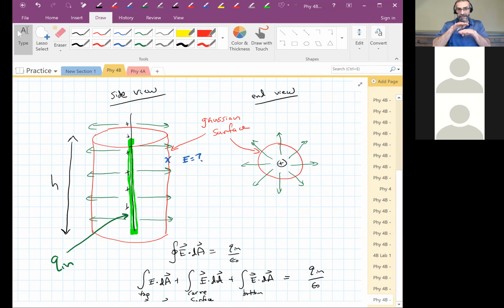E is parallel to the surface, but the area, remember how we define a surface, we use a vector that's perpendicular to the surface. So our area vector points this way for that surface, and E points this way. And so you get a cosine 90 degrees, which gives you 0. Okay.